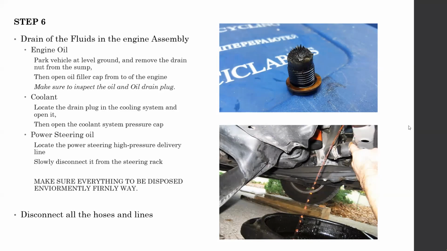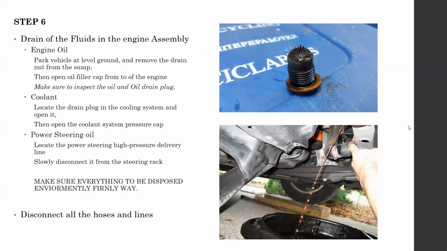You just have to locate the high pressure line and the high pressure pump line. Then slowly disconnect it from the steering rack side, not from the pump side. Always disconnect from the steering rack side. Once you do that, the oil will spill and you can remove it. Then make sure that you dispose of everything in an environmentally friendly way.